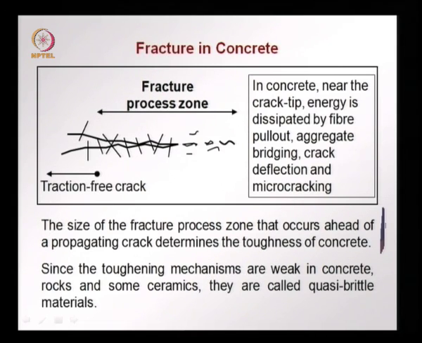Since toughening mechanisms in materials like concrete, rock and some ceramics are weak, they are called quasi brittle materials. They are not as brittle as glass, but still close enough, and they are called quasi brittle materials, that is almost brittle materials.